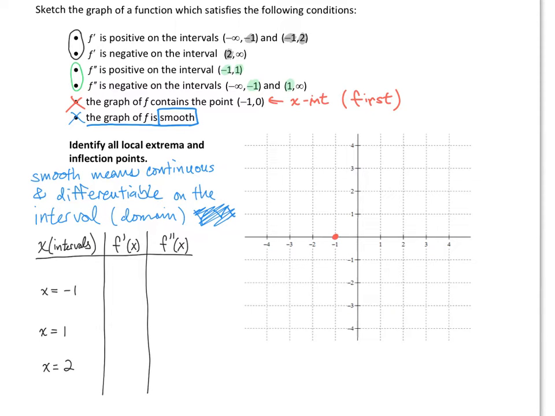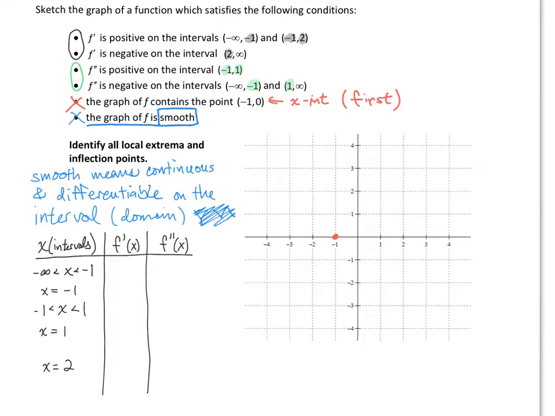Now in between all of these, I have to get the rest of the intervals here. So I want -infinity less than x less than -1. This is everything to the left of -1. I want to put another interval here, -1 less than x less than 1.